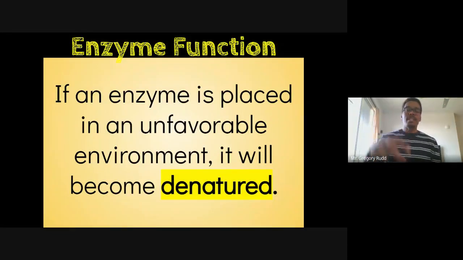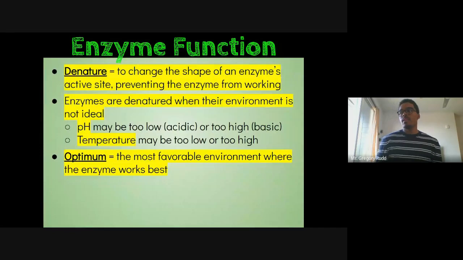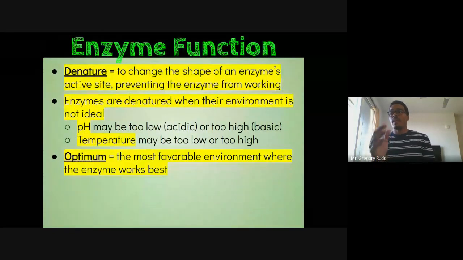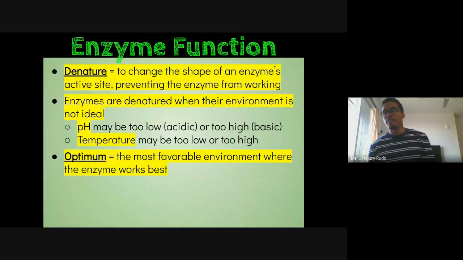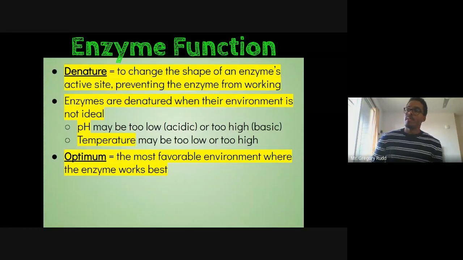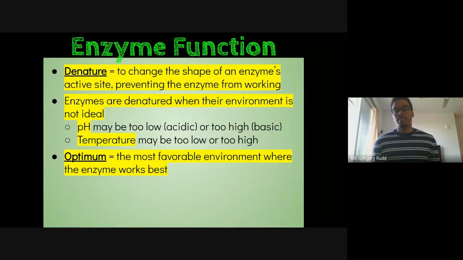But if we place an enzyme in an environment that is unfavorable to it, less than ideal, that enzyme will become denatured. To denature is to change the shape of an enzyme's active site, which prevents the enzyme from working correctly.